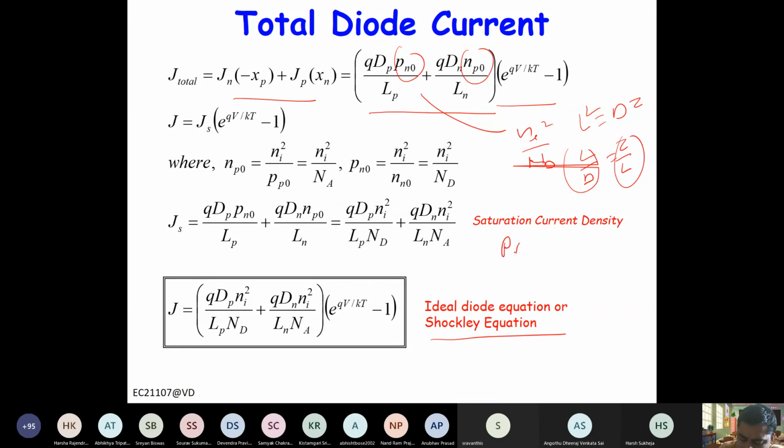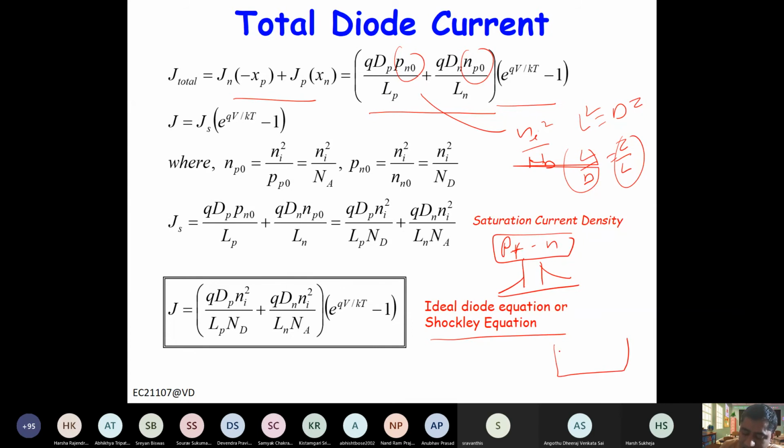Let's consider a junction. In that case, what will happen? The holes injected from the P side will be much larger, and electrons injected from the N side will be smaller, because it is P plus doped. Such kinds of junctions are common when we are using counter doping.